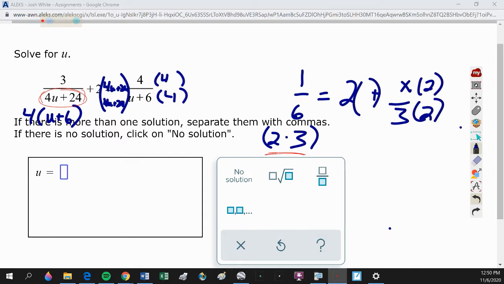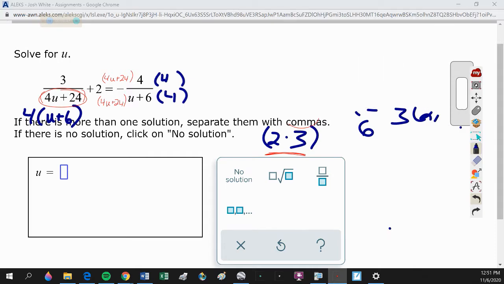But instead of writing 2 and 3, I'm going to write 6 to save myself some time. So there's a 2 under there. So this needs a 4u plus 24 on both the top and the bottom. I could do a 4 and a u plus 6, but then I need to multiply them together, and I already know what that is.